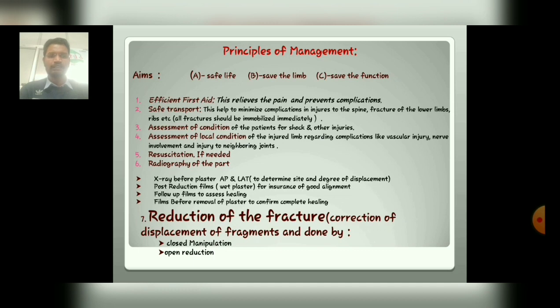Mainly, reduction of the fracture is to correct the displacement of fragments, and it is done by two methods. First is closed manipulation and second is open reduction. It is a surgical process, and it is mainly done by the orthopedician.